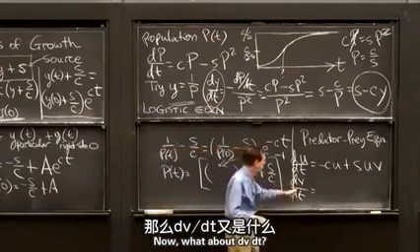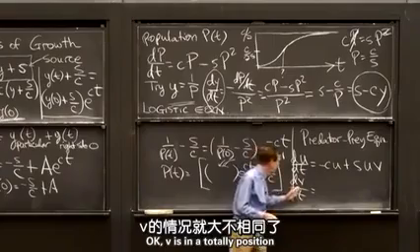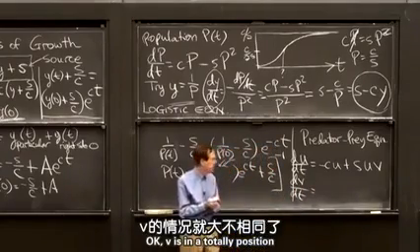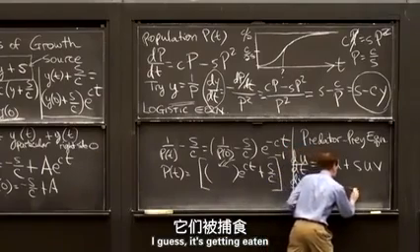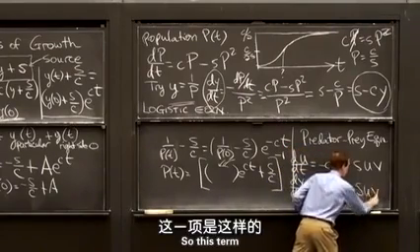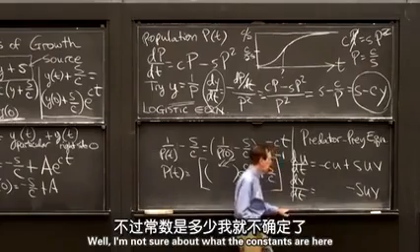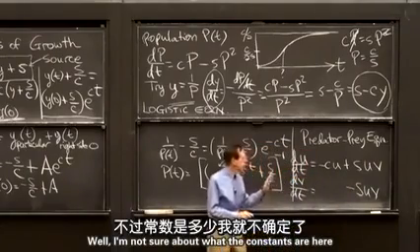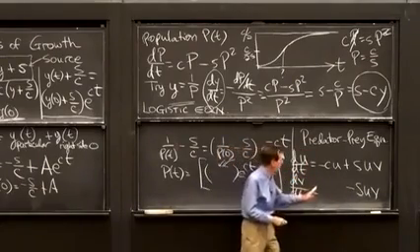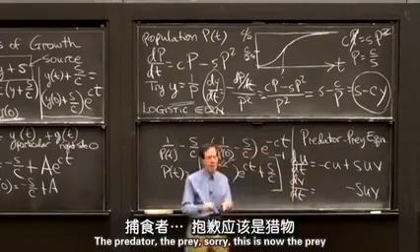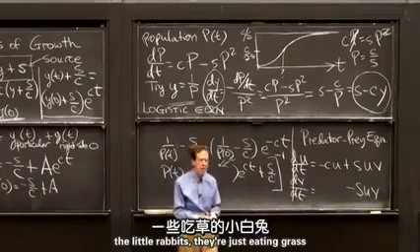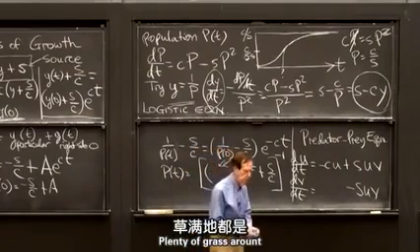And now what about dV dt? Okay, V is in a totally different position. I guess it's getting eaten. So this term, well, I'm not sure what all the constants are here. The prey, the little rabbits, they're just eating grass. Plenty of grass around.